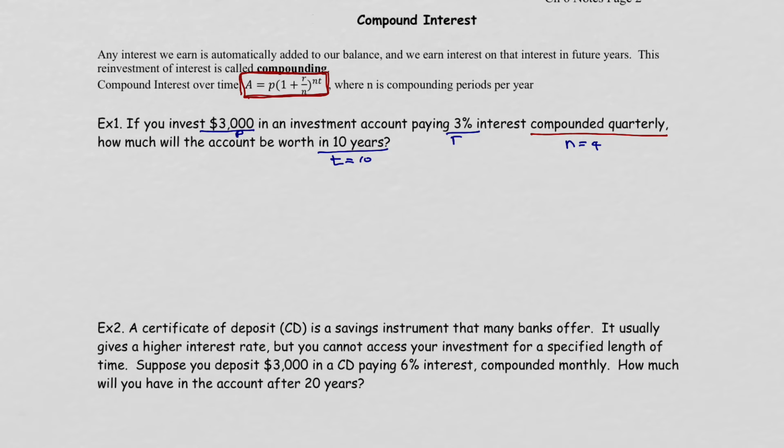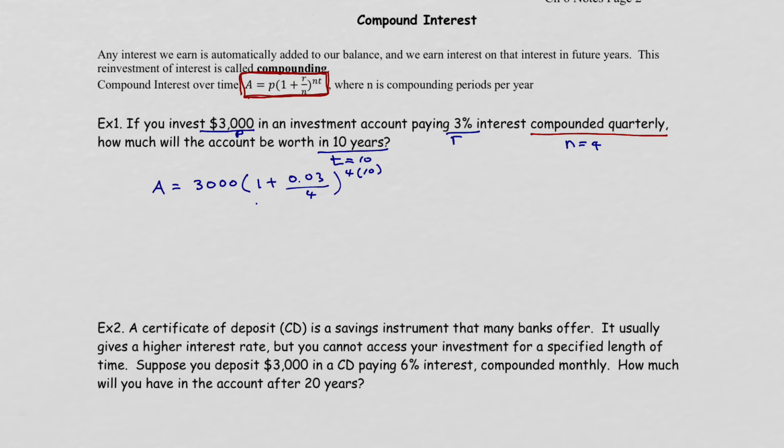And they want you to find out the amount, right? So if we replace all these numbers, 3,000 times 1 plus 0.03 over 4, to the 4 times 10 exponent. When you're calculating, you need to start from inside out, right?